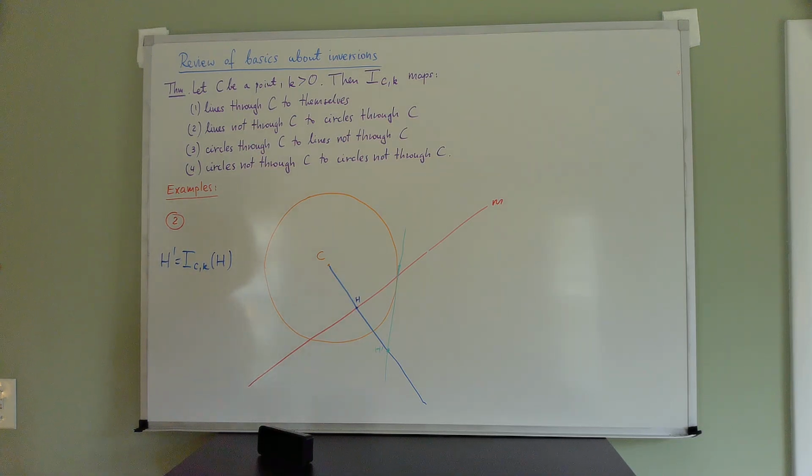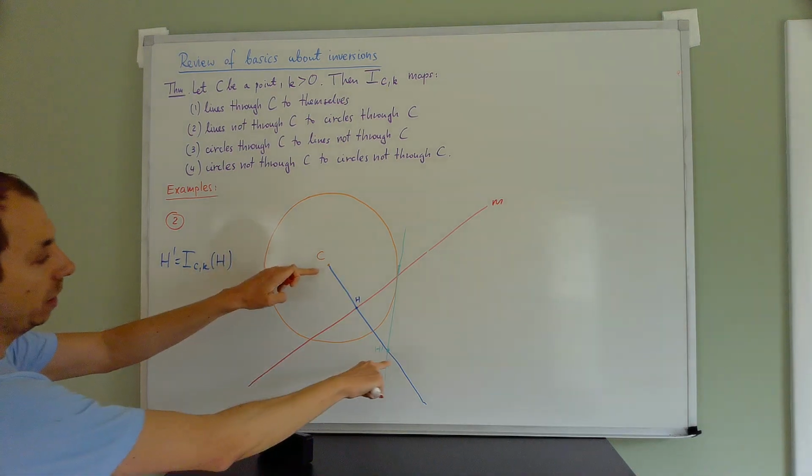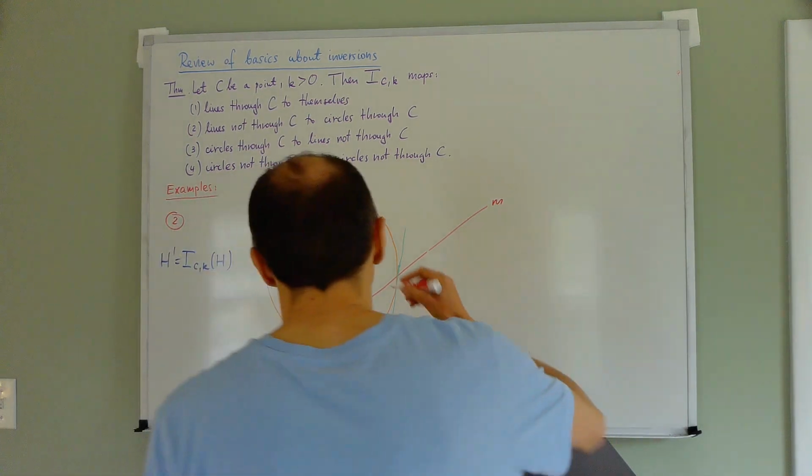Okay, and now you already know what the image of that line M will be. It will be just that circle whose diameter is going to be CH prime. Well, let's see if I can draw that.